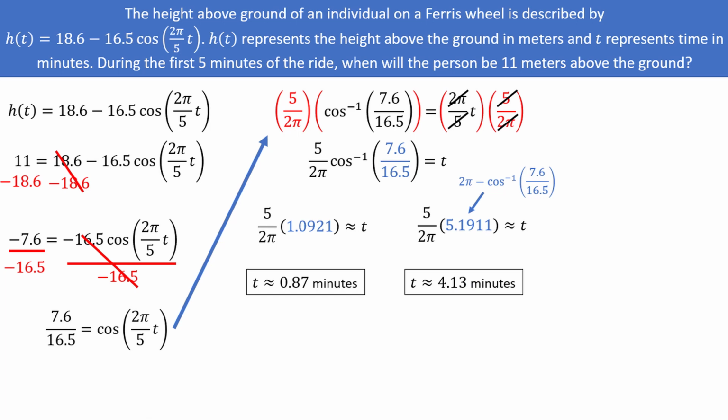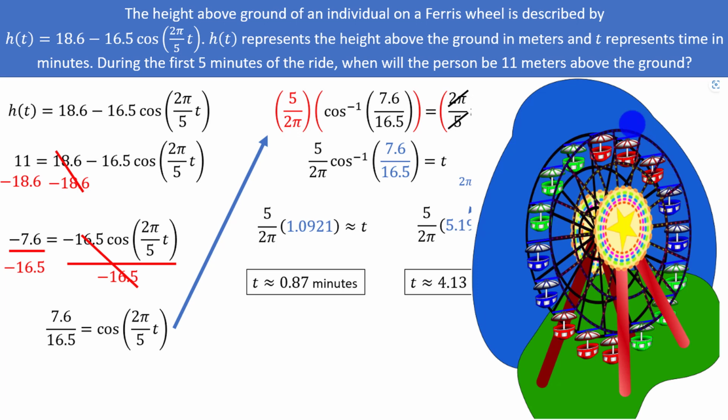So the second time that we reach 11 meters above the ground on the Ferris wheel would be after 4.13 minutes. If you want to think about the picture again, this would be on our way back down from the top of the Ferris wheel. So the first time, at 0.87 minutes, we would be going up the Ferris wheel. And the second time, when we're coming down, where we have the equivalent height of 11 meters, would be after 4.13 minutes.